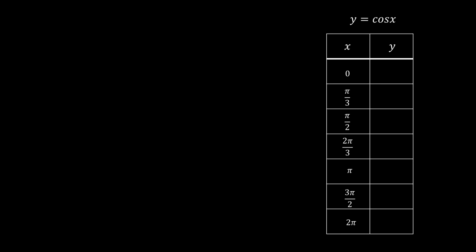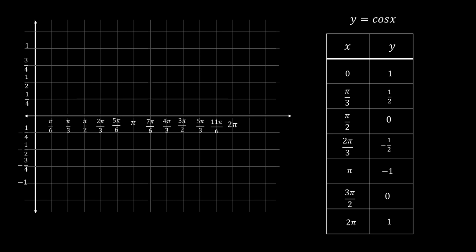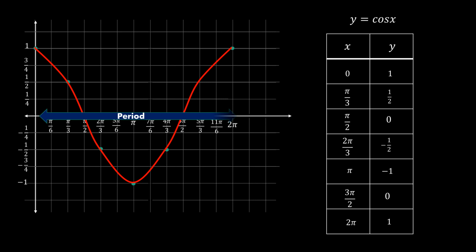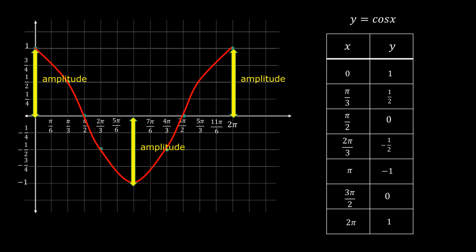After substituting each value in the function, I get these values. On the xy plane, do the same thing: plot the points and then connect them. This is the graph of cos x. This is the period of cos x, which is again 2 pi, and the amplitude is again 1. So the amplitude and the period are the same for cosine and sine.